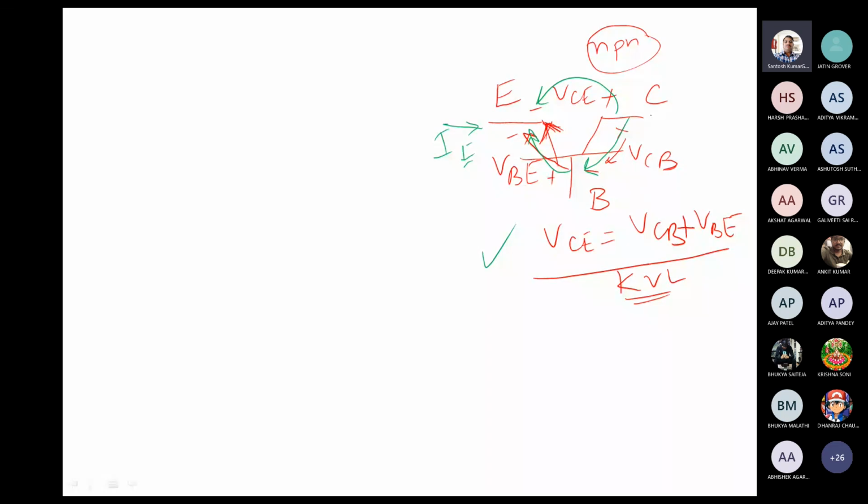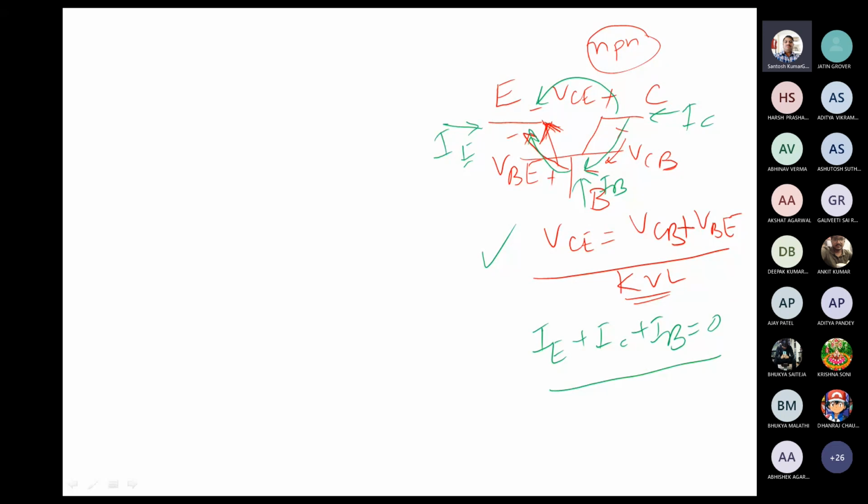So this is also going to hold, apart from this one thing which we have just seen: IE, IC, and IB. If we have these currents here, then IE plus IC plus IB has to be equal to 0.